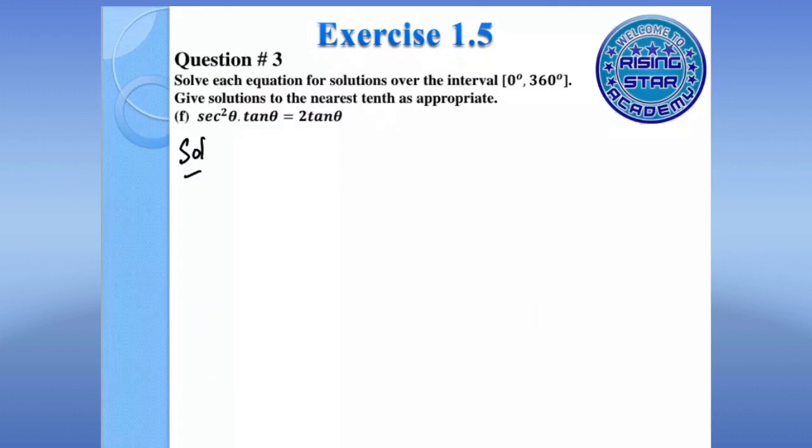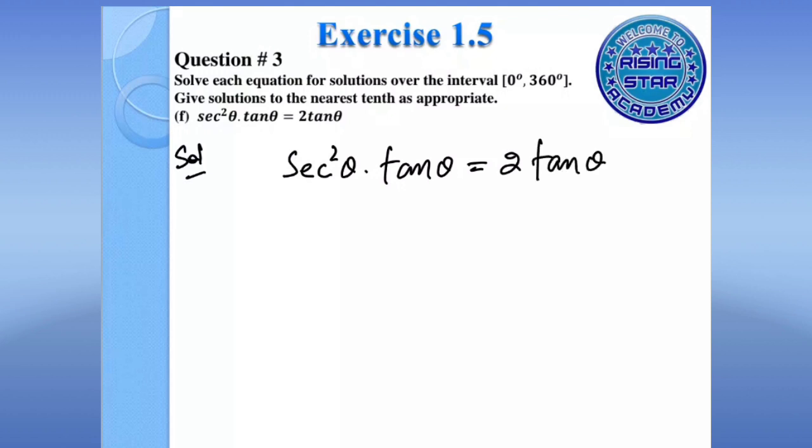Now in part F, we have secant square theta times tan theta is equal to 2 tan theta.